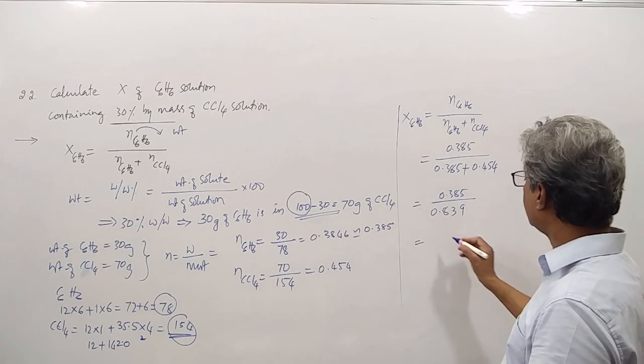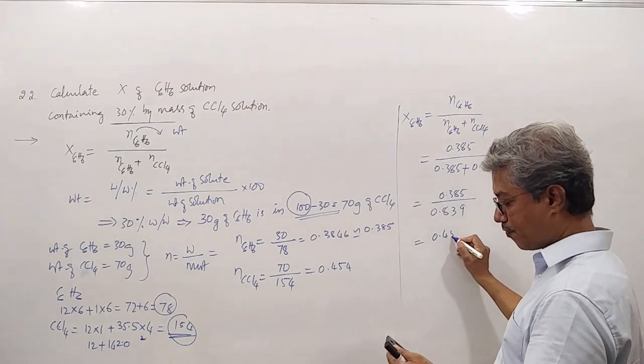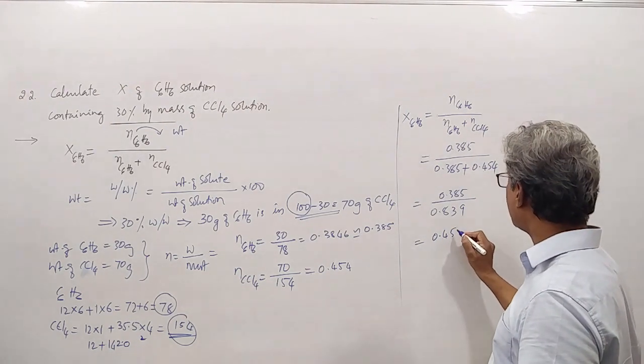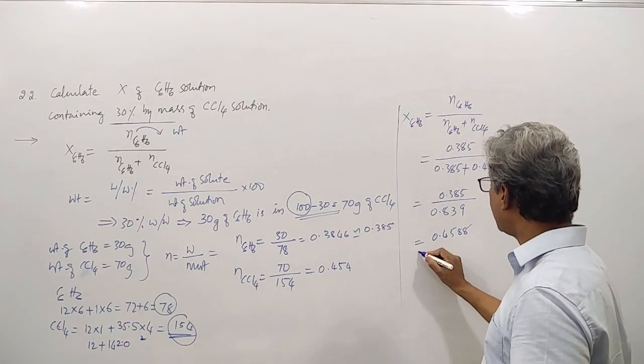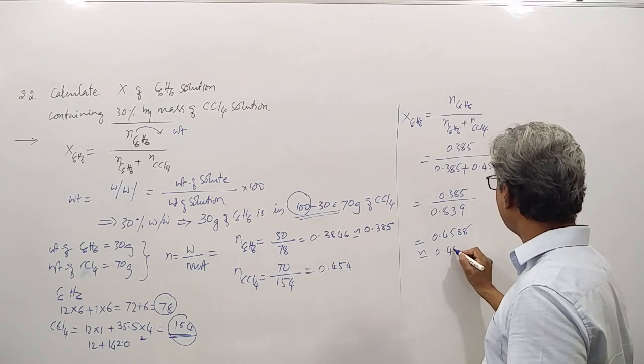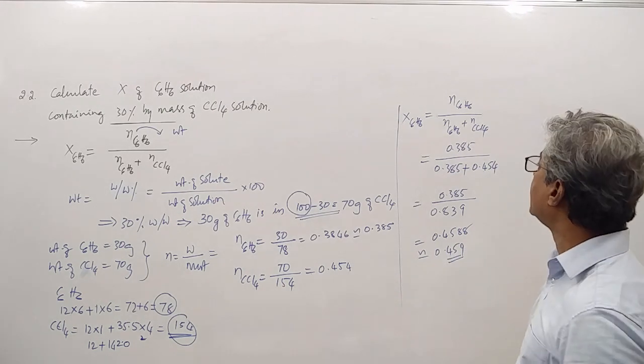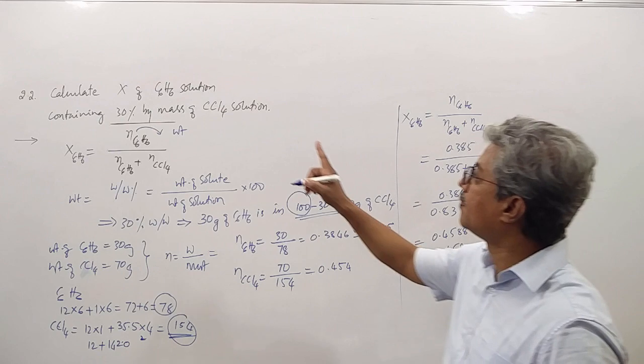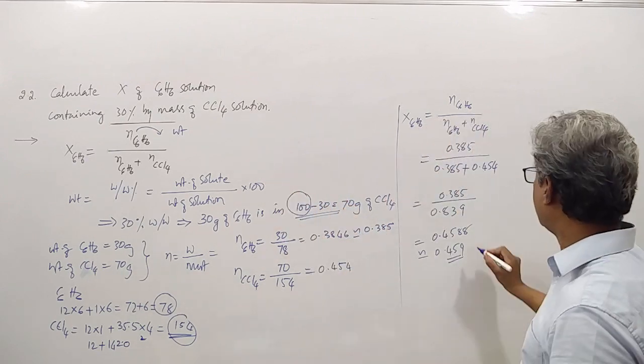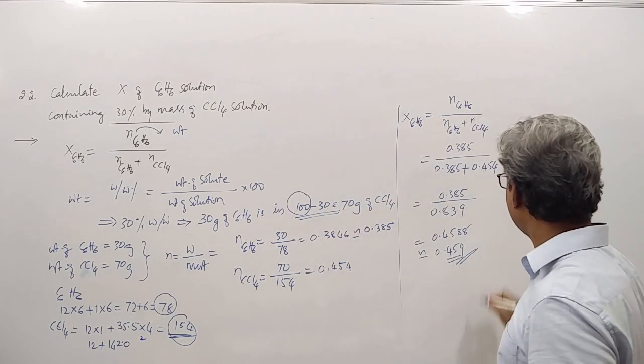This is equal to 0.4588, we can make it 0.459. This is the mole fraction of benzene.